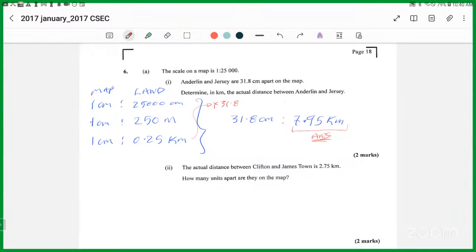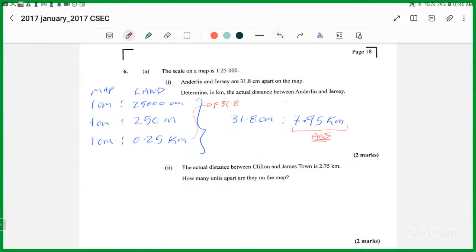Okay, all right, good. It says the actual distance between these two towns is 2.75 kilometers. How many units apart are they on the map? I'll give you units in centimeters. So now we're working from this scale. I want the land side to become 2.75. That's all that it is. Let's go back to the scale.